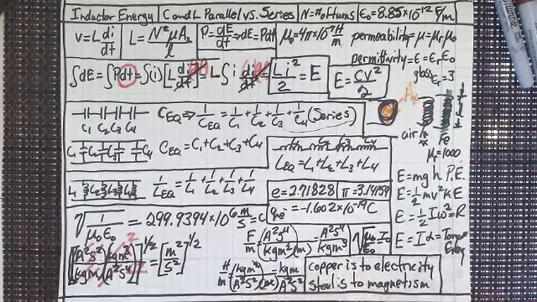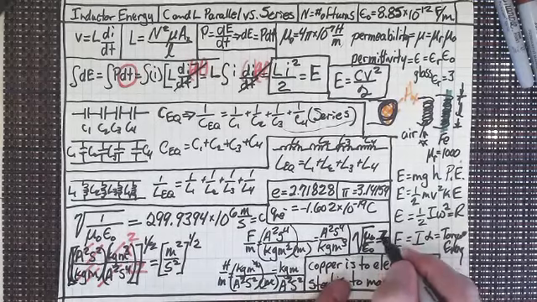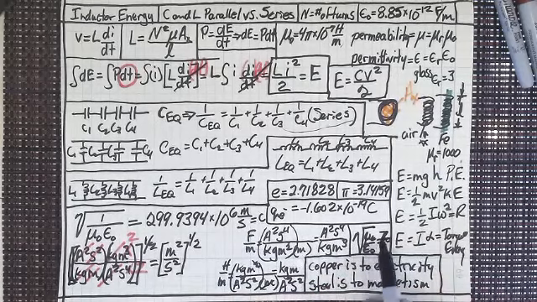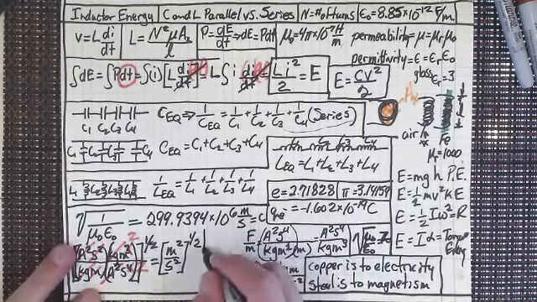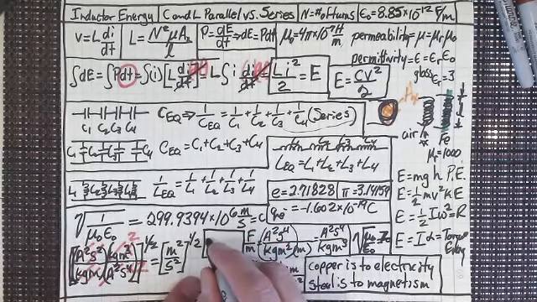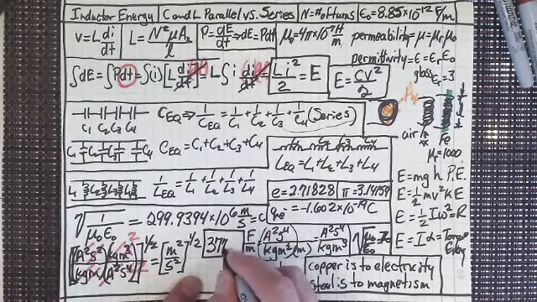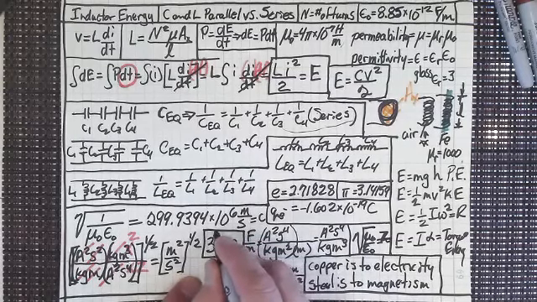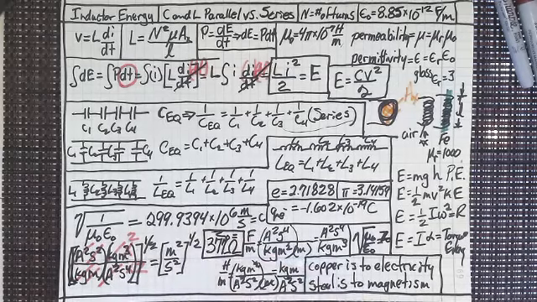That's the characteristic impedance of outer space. What is the characteristic impedance of outer space? 377 ohms. Z sub 0 equals 377 ohms.